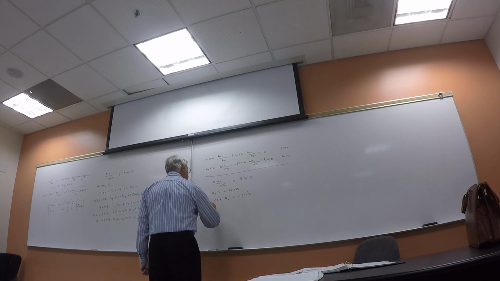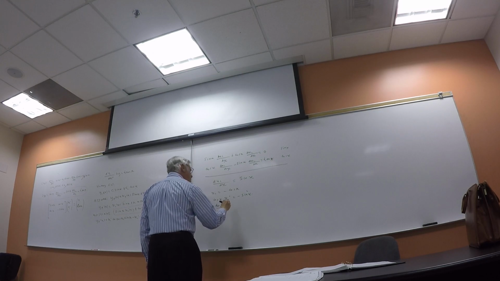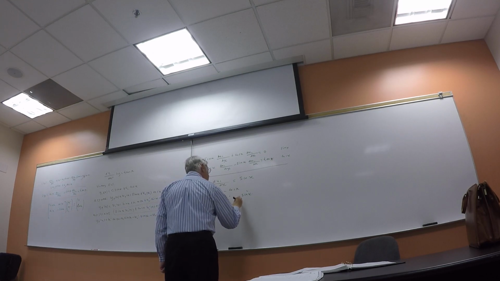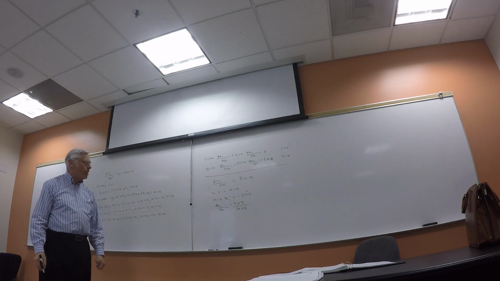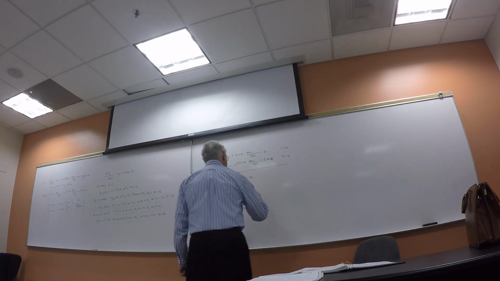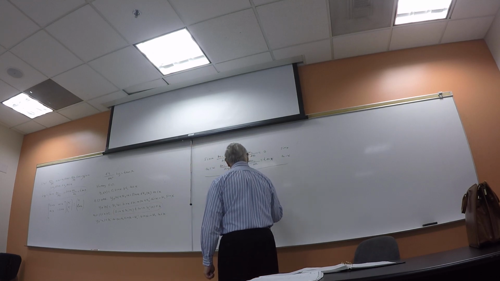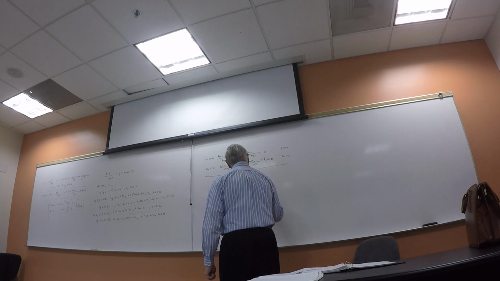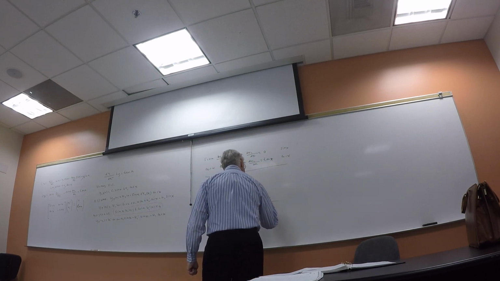So the derivative of u2 with respect to x is minus sine squared x divided by the cosine of x. Okay, I guess I'm going to use an identity over here. Everybody remembers the identity sine squared plus cos squared equals 1. So sine squared is 1 minus cos squared. I write that as cos squared x, take away 1. That's what minus sine squared is, divided by cosine of x.